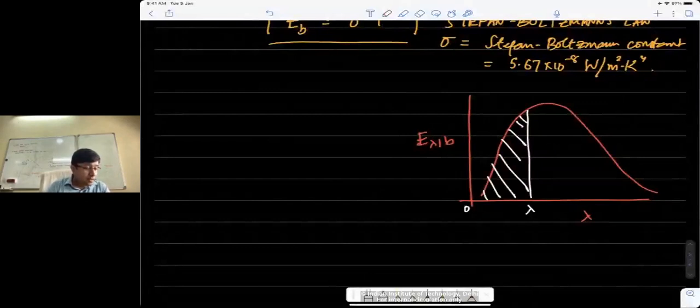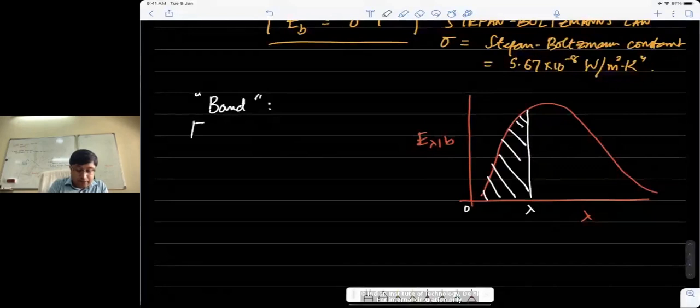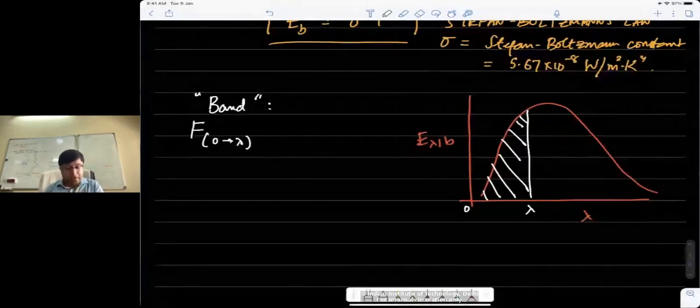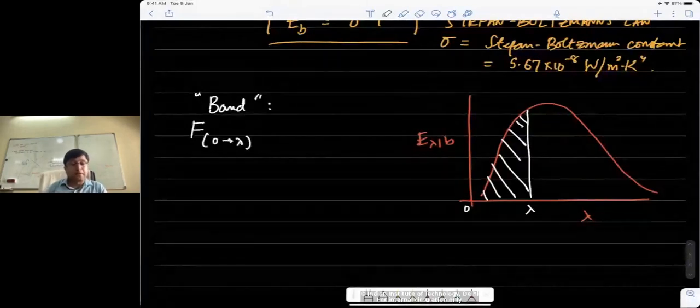So we define a fraction of radiation in this band. I'm going to call this emission in a band interval. We define it using a quantity f, which is a fraction, from 0 to lambda. That quantifies, at a given temperature, how much radiation from a black body is between wavelength 0 and lambda.